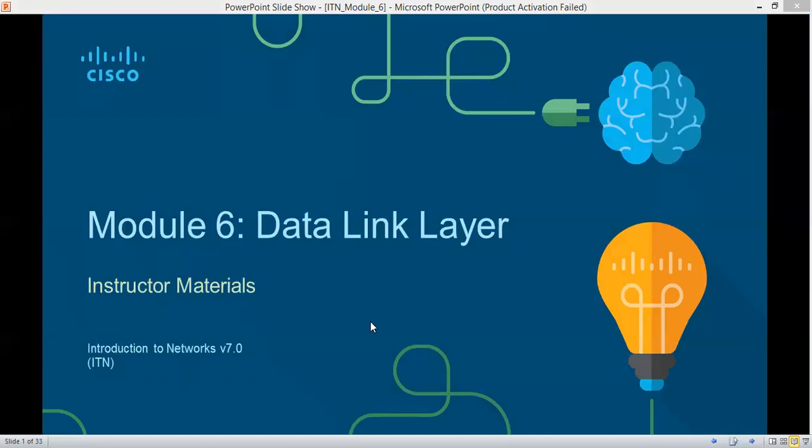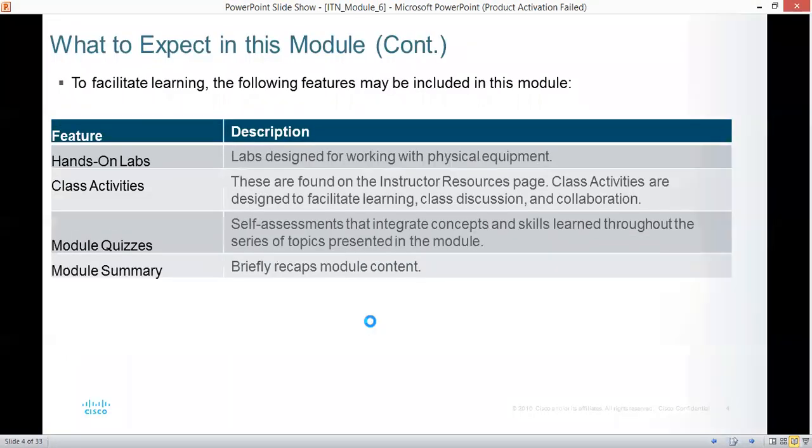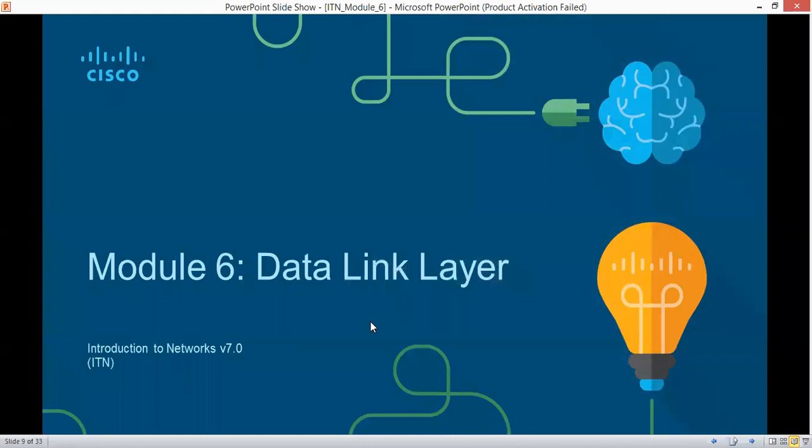So the data link layer is layer 2. Please note that what we're doing here in the OSI, CCNA1, is talking more about the different layers, from layer 1 to 7. What we just discussed in module 4 was the physical layer, and then module 5 is the binary numbers.